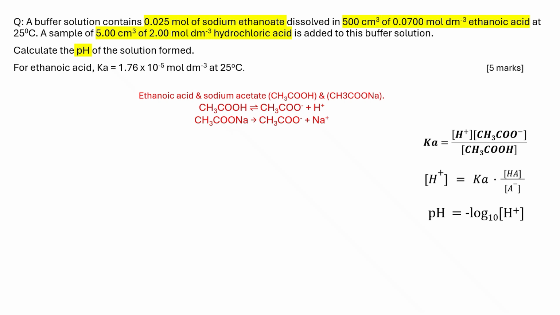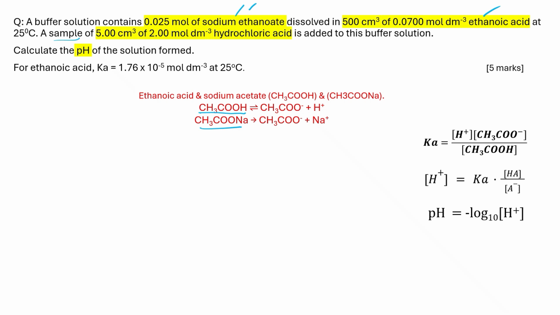In this question, we have the acid and, sorry, the salt: ethanoic acid and sodium ethanoate. So acetic acid and sodium ethanoate are our components of buffer solution. And they're saying that a sample of 5 cm cubed of 2 mol per dm cubed hydrochloric acid is added to this buffer solution.